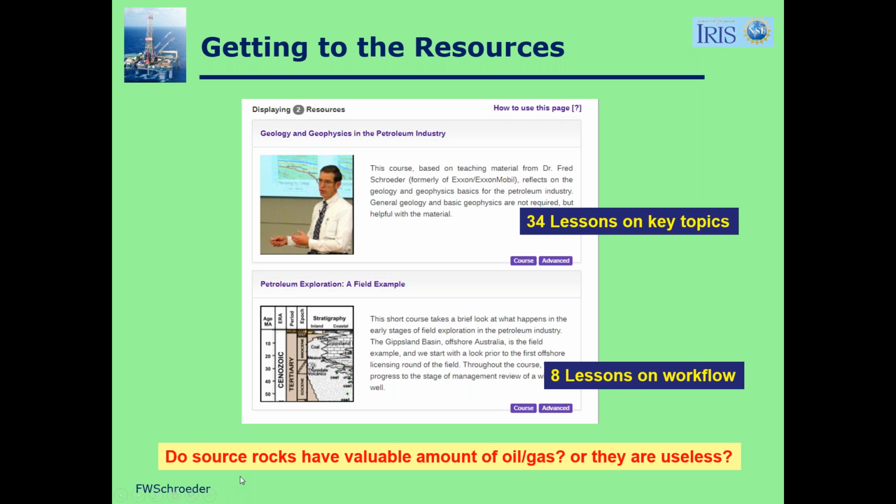So in a conventional setting, source rocks are valuable in regards to generating hydrocarbon that's then going to migrate to our conventional reservoirs. In the unconventional or resource plays, the source rocks are the things that we are trying to tap into.